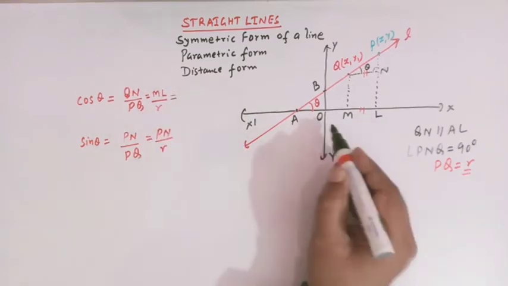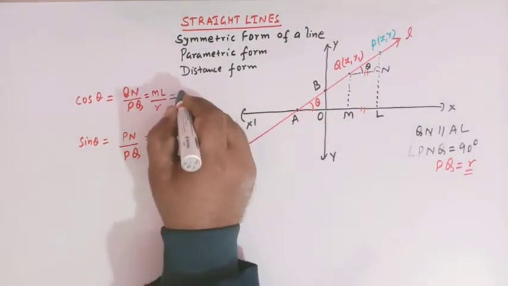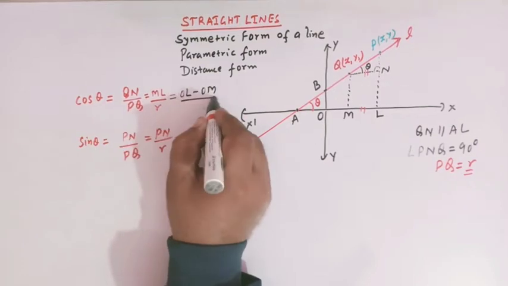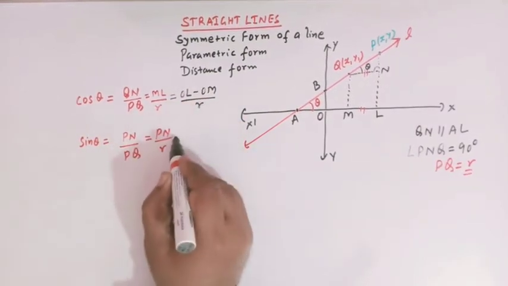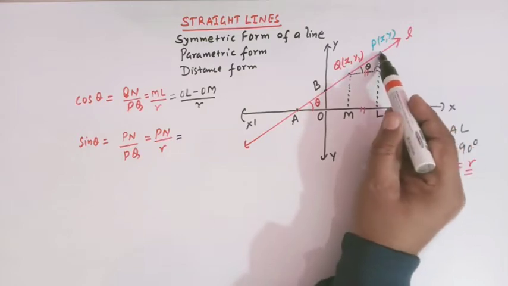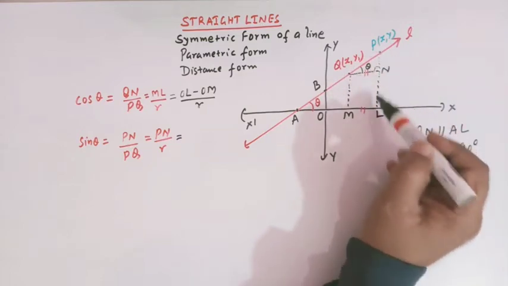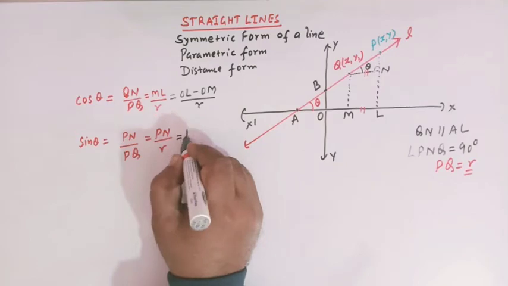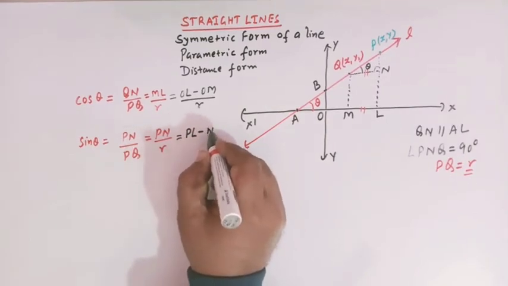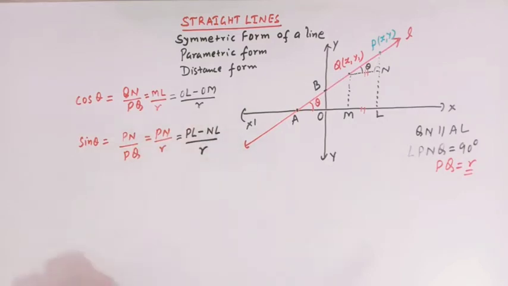ML can be written as OL minus OM, and in the denominator we have r. PN can be written as PL minus NL, divided by r.